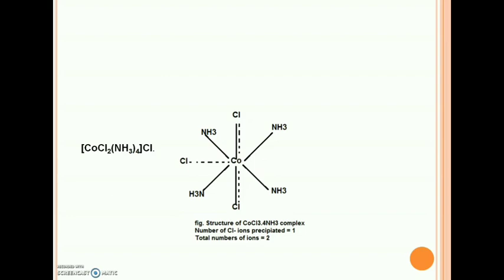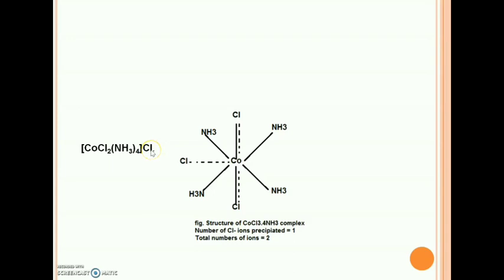Now we take another example, that is CoCl3·4NH3. Here only 4 molecules of NH3 are there, and in this all the 4 corners of an octahedral are occupied by NH3 molecules, and the other 2 corners of this octahedral are occupied by chloride ions, and here only the primary valency is 1.